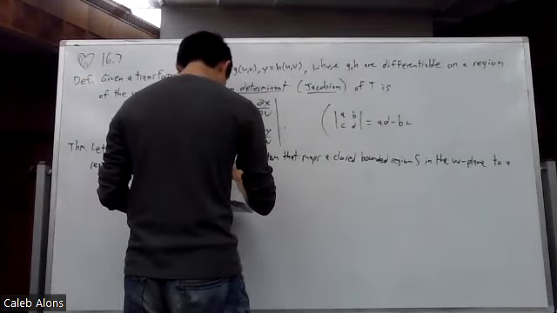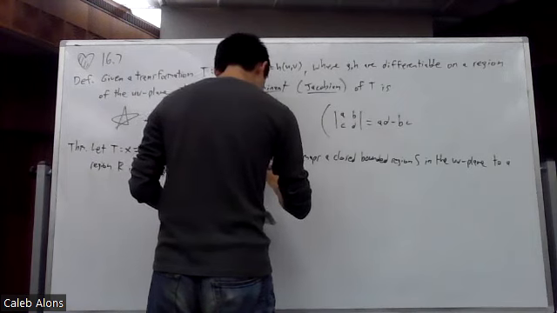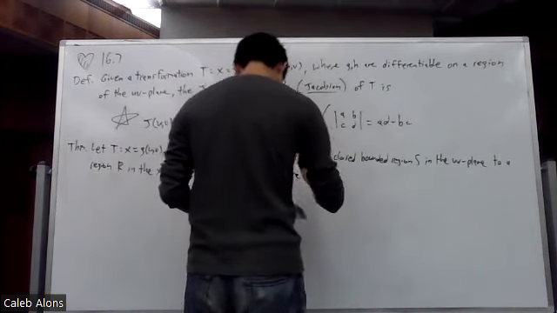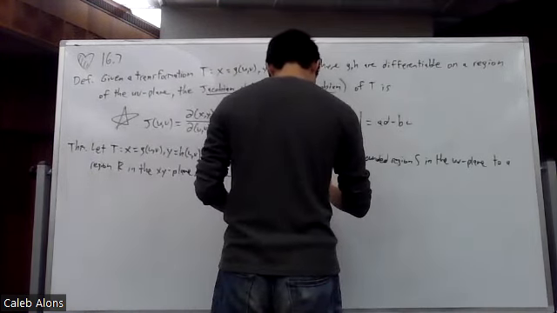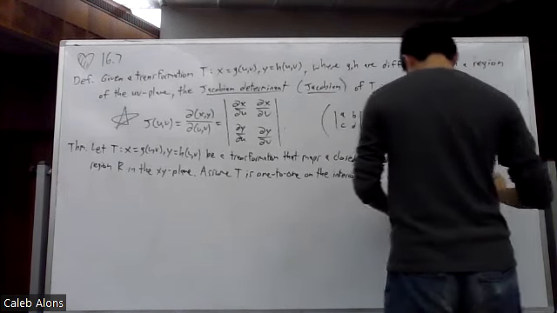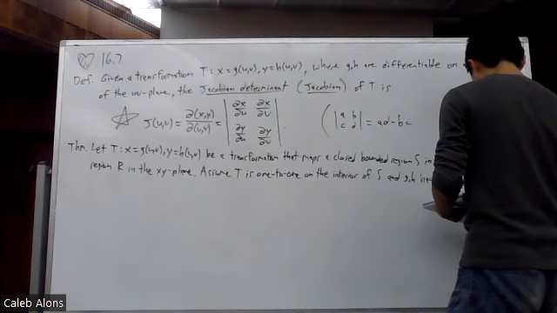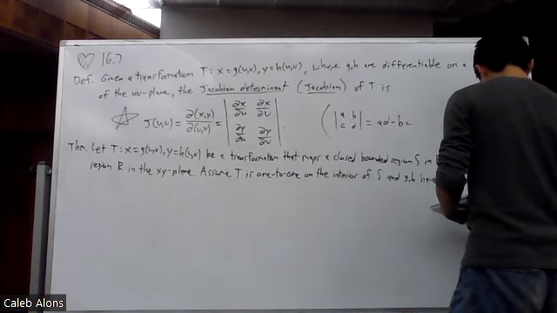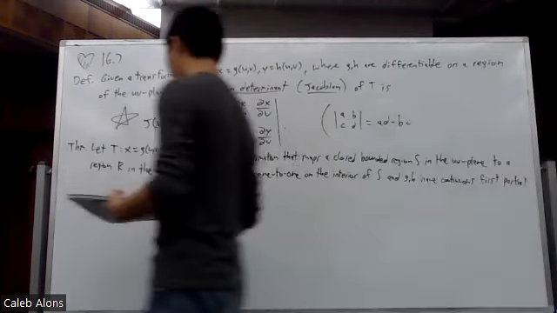So assume that T is 1-to-1 on the interior of S, and that your functions g and h have continuous first partial derivatives.